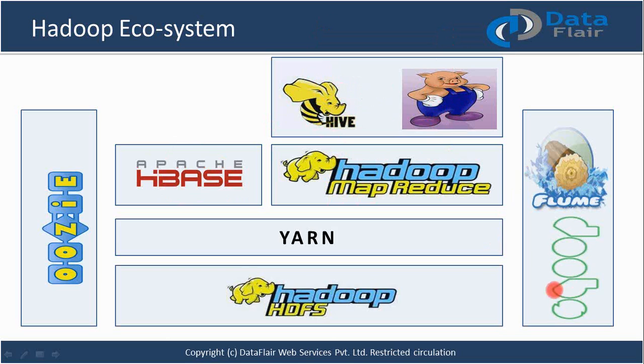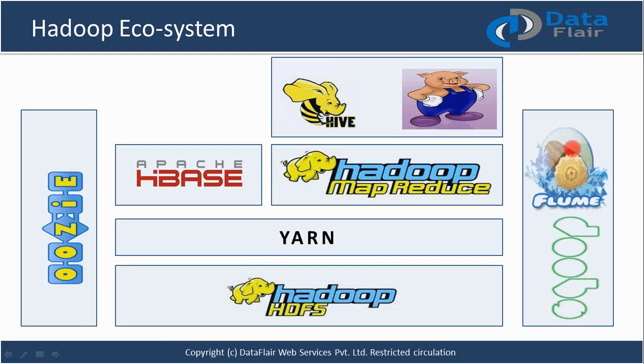For data collection we have Sqoop and Flume. Sqoop can help you collect data from any RDBMS. Sqoop is an abbreviation for SQL to Hadoop and vice versa, that's why the name is Sqoop. You can collect data from Oracle, MySQL, DB2, anything. We'll be having practicals of Sqoop as well.